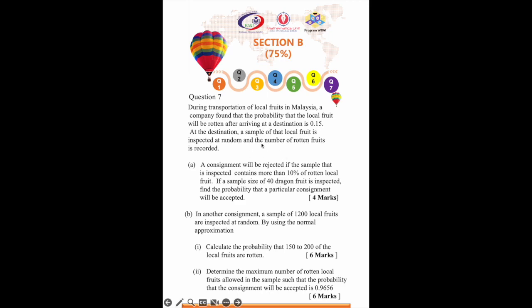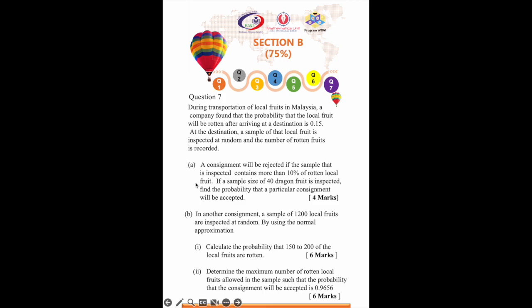Okay, so now our success, what the question wanted, is the rotten fruits. So they say that the consignment will be rejected if the sample that is inspected contains more than 10% of the rotten local fruit. So we have a sample size of 40 dragon fruit. So we need to find the particular consignment that will be accepted.